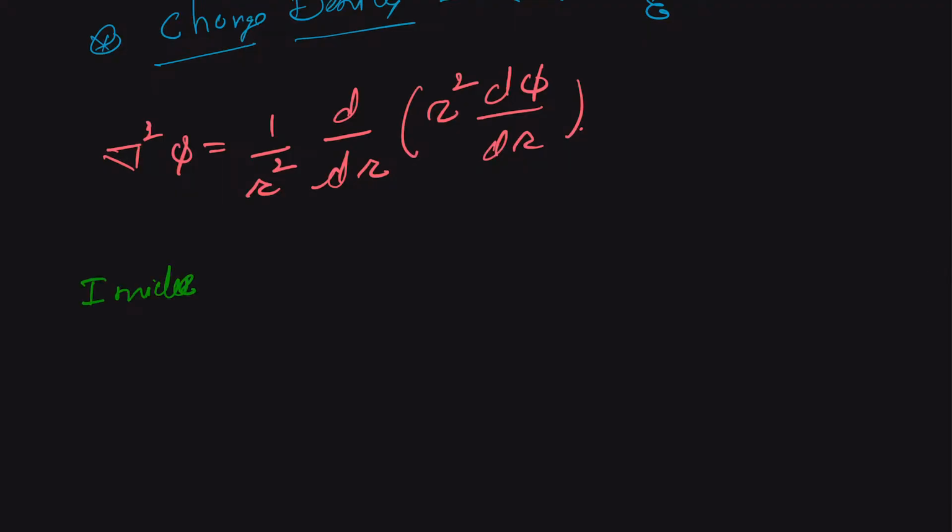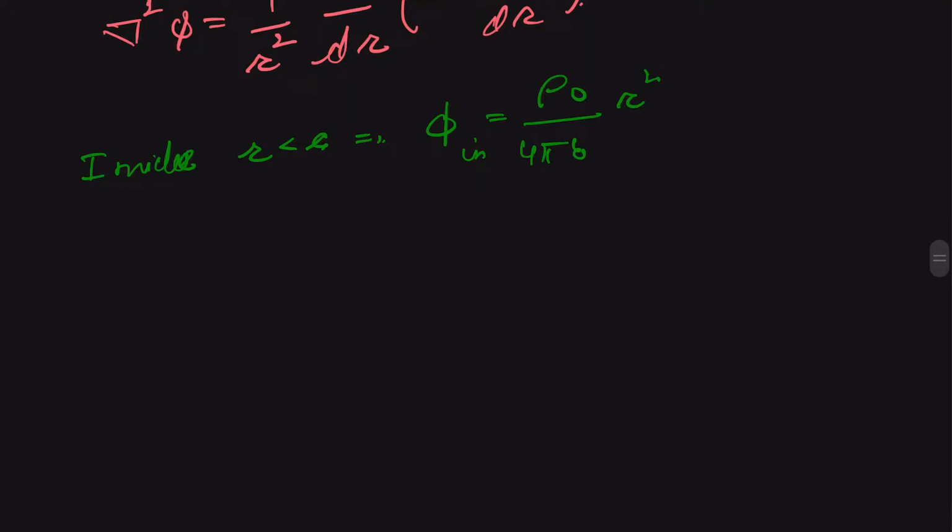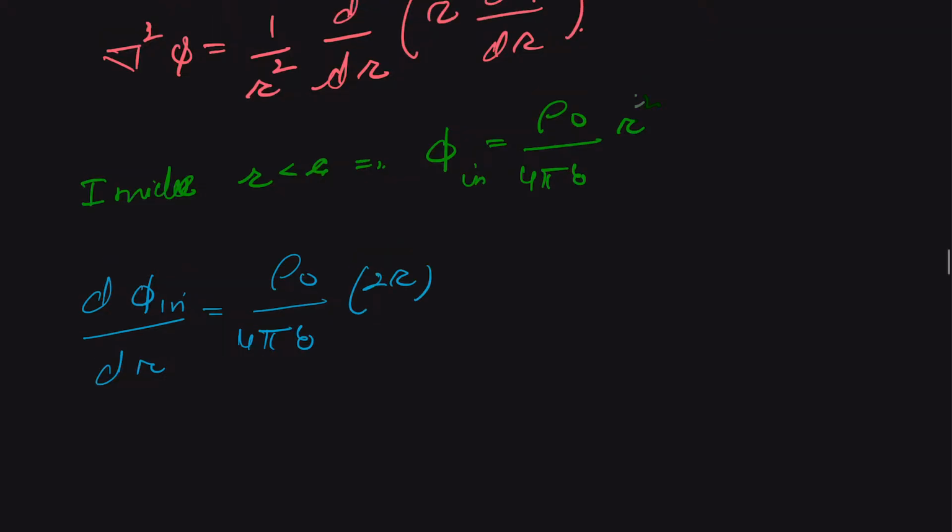For inside we know that the value of r is less than a, and the potential inside we just calculated is rho naught upon 4 pi epsilon naught times r square. So we are simply going to differentiate it. The derivative of the potential will be rho naught upon 4 pi epsilon naught times 2r.